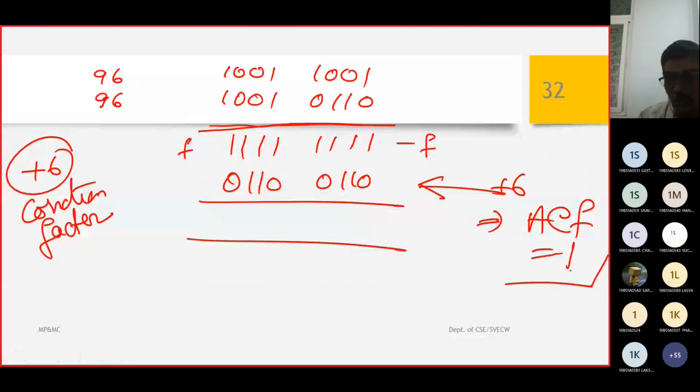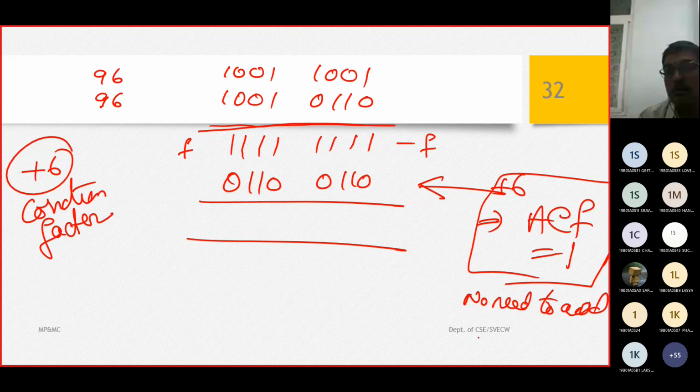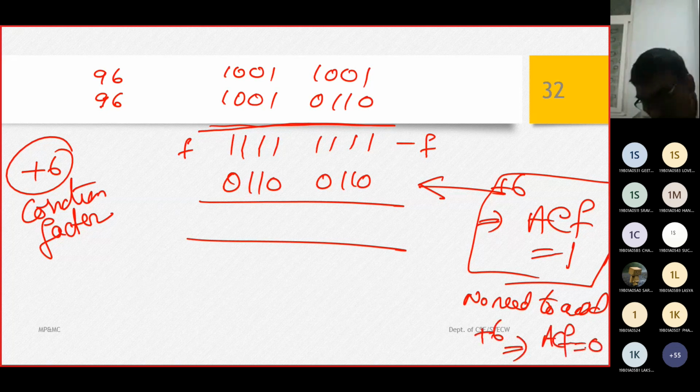If there is no need to add plus 6, it implies auxiliary carry flag is equal to 0. So now let us check these conditions here.